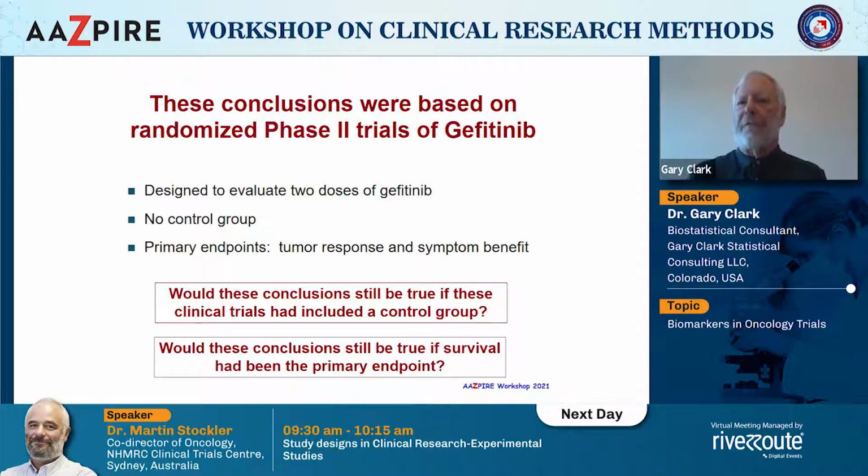Now, I asked the question, would these conclusions still be true if these clinical trials had included a control group? Think back to those 4 scenarios that I showed you, demonstrating the difference between prognostic and predictive effects. This was kind of a 2-arm study, basically, right? And let's also introduce another confounding factor. Would the conclusion still be true if survival had been the primary endpoint?